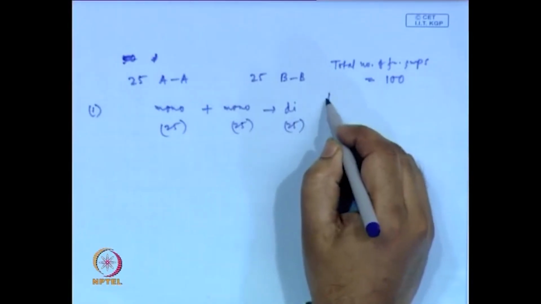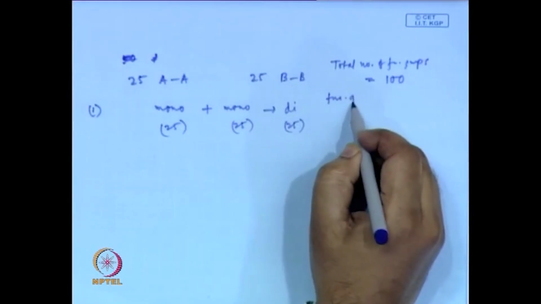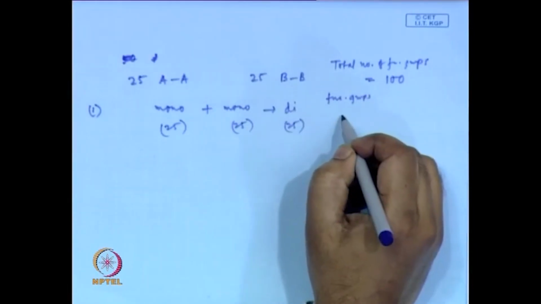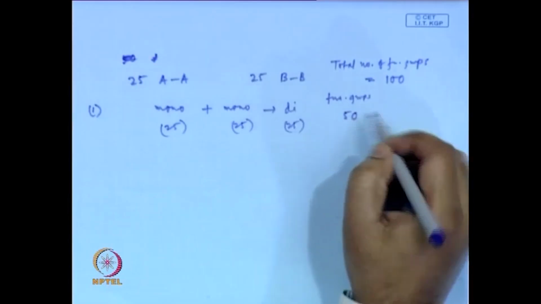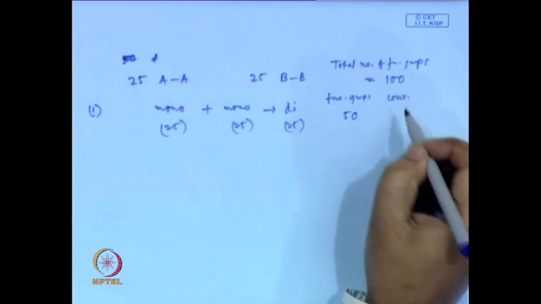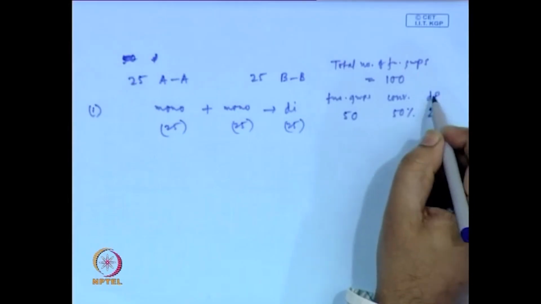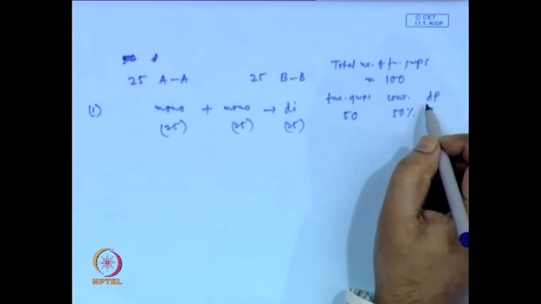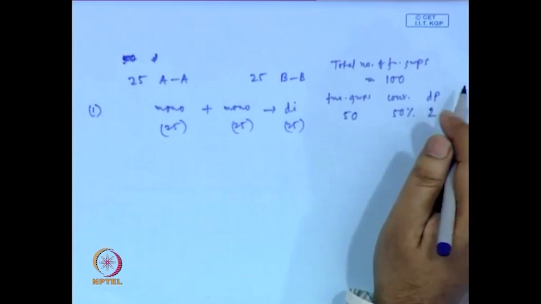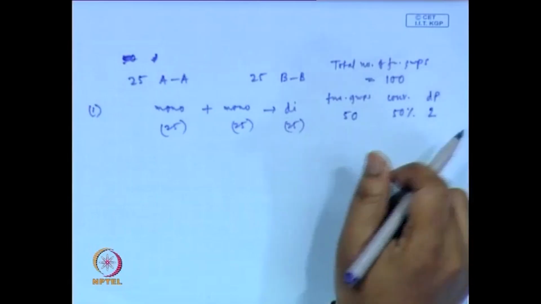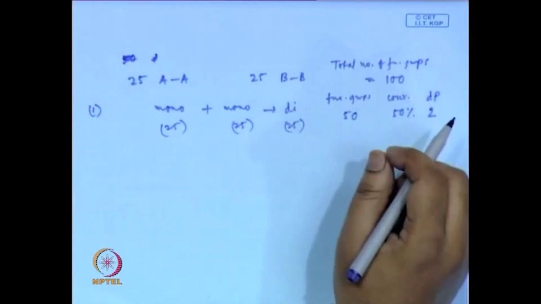So how many functional groups now? There are 25 dimers, each containing 2, which means the functional groups are 50. So conversion is 50%, and the degree of polymerization is 2. Degree of polymerization is the number of structural units present in the polymer chain or polymer molecule.